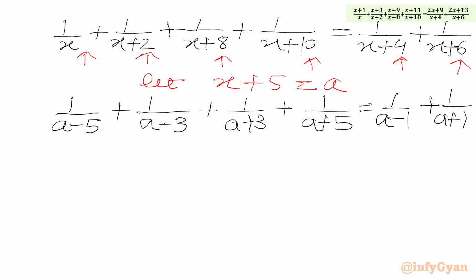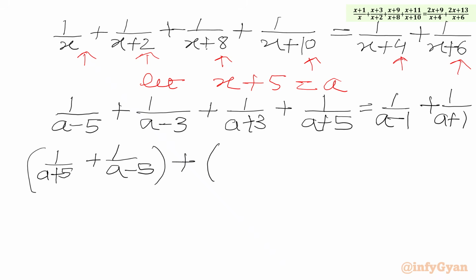Now we are going to consider 1 over a plus 5 and 1 over a minus 5 altogether. Then we will consider 1 over a plus 3 and 1 over a minus 3 altogether.